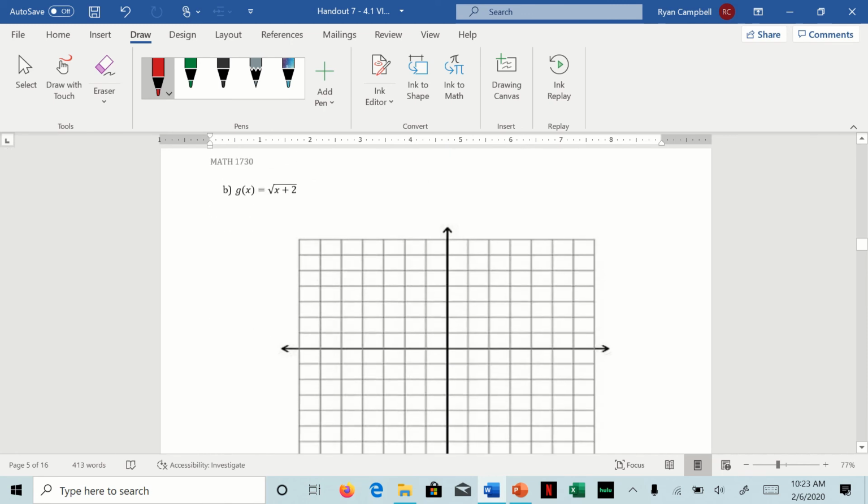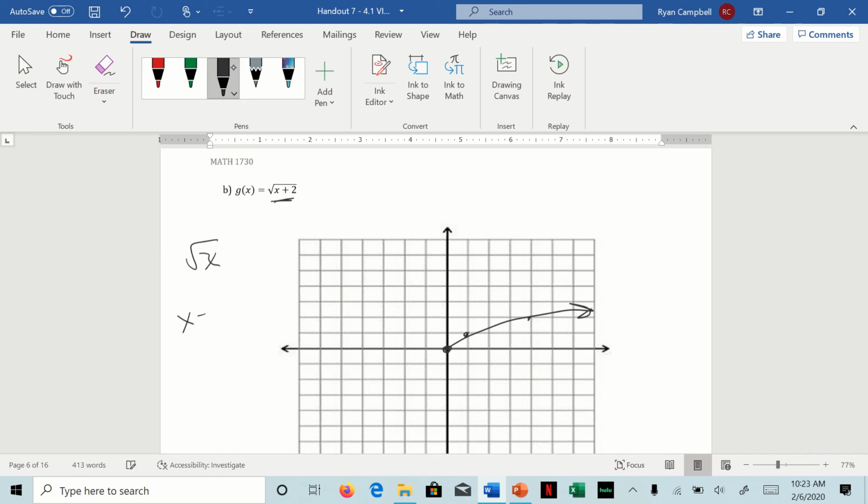All right, here's another one. We have the square root of x plus 2.